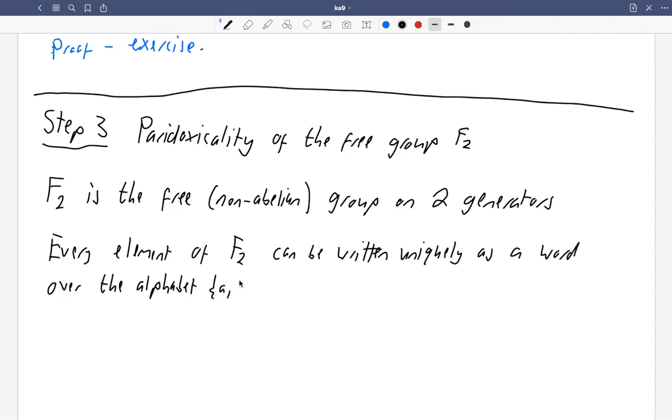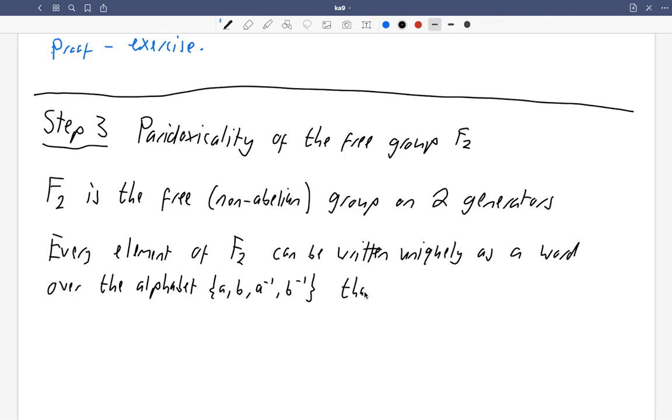Well, we're just giving ourselves two letters, namely the two generators of the group. But we also want each of those to have an inverse, so let's actually give ourselves a letter for the inverse. So we'll call the inverses a to the minus 1 and b to the minus 1, so we consider that as part of the alphabet.